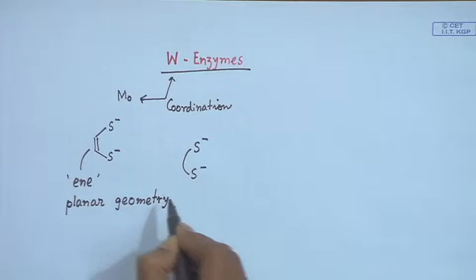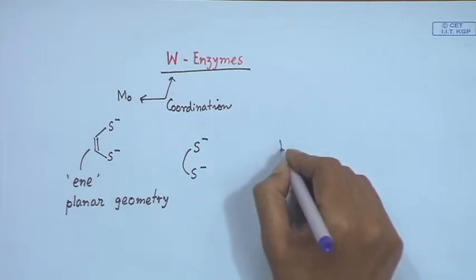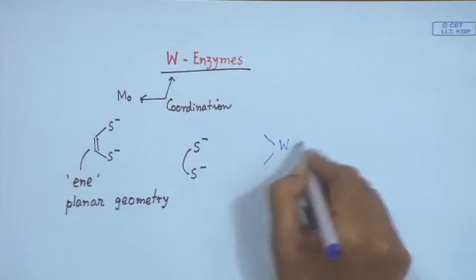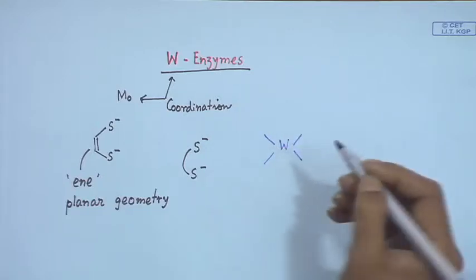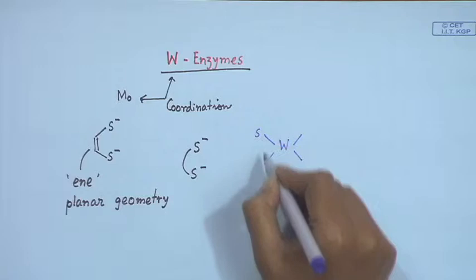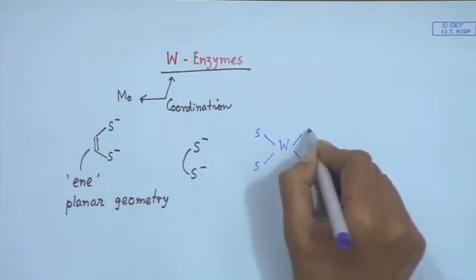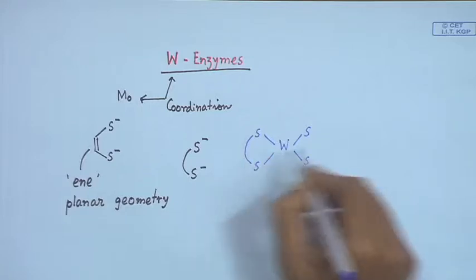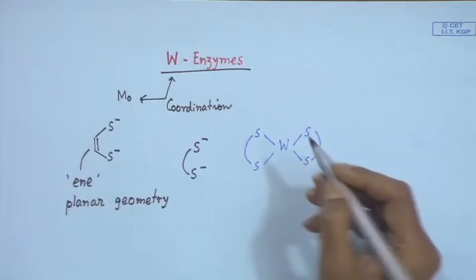So, it basically restricts the environment, what we were just discussing, when we have the distortion. So, if we have the tungsten environment and these two groups are the sulfur groups, this is one sulfur, this is one sulfur, from one ligand and another ligand.